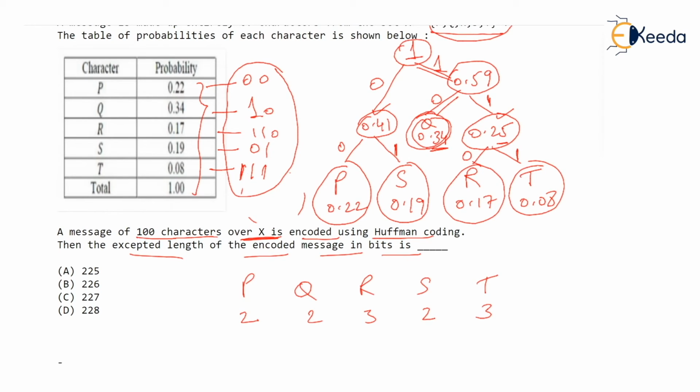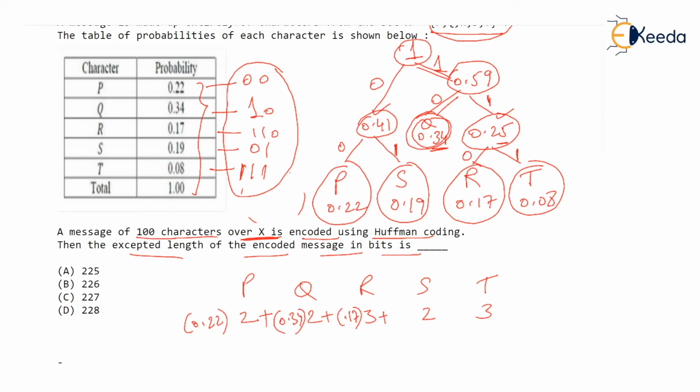But then, you will have to find the expected length. So the average of PQRST: P must be multiplied with its probability, 0.22 into 2, and then added to the probability of Q, 0.34, multiplied with 2, added with the probability of R, 0.17, multiplied with 3.